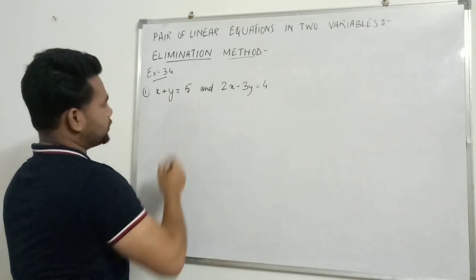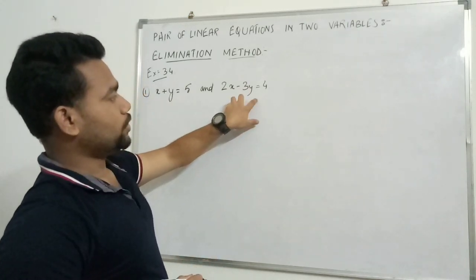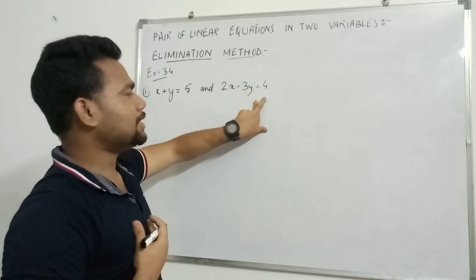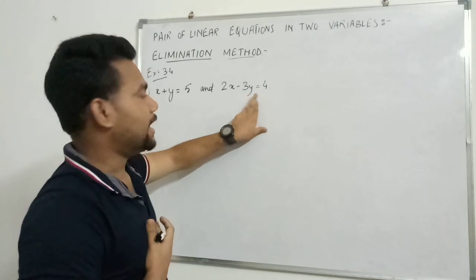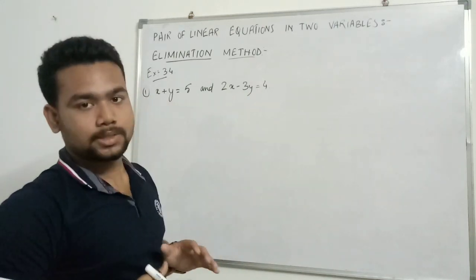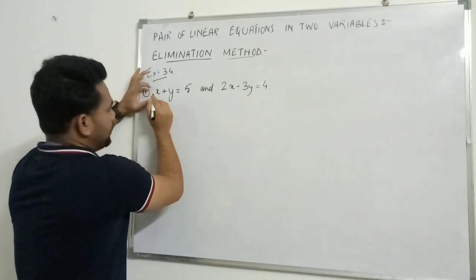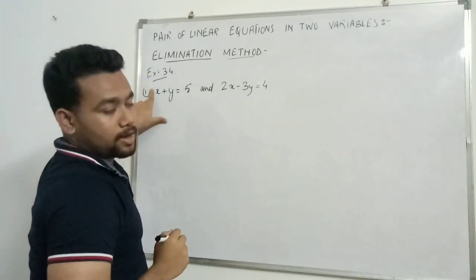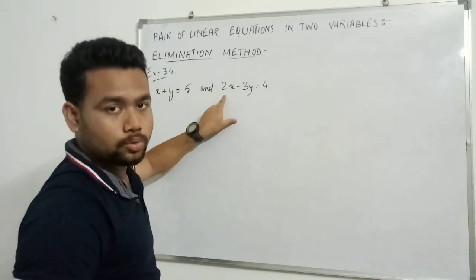So here x plus y is equal to 5, right? And here twice x minus 3y is equal to 4. So firstly, my mind says that I'm gonna delete x. I want to delete x from both of these equations. So let's focus. See, before x we have 1. Before x we have 2.